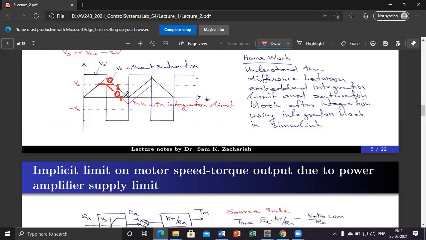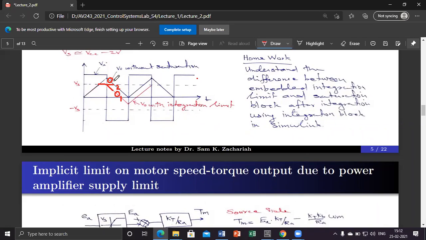But the algorithm for one may be more complex, or more effort is required to code it. But you should remember one thing. If you code like this, number two, it will introduce more phase lag into the system. And while you are getting some benefits of the integrator, it will give some disadvantage of the integrator.